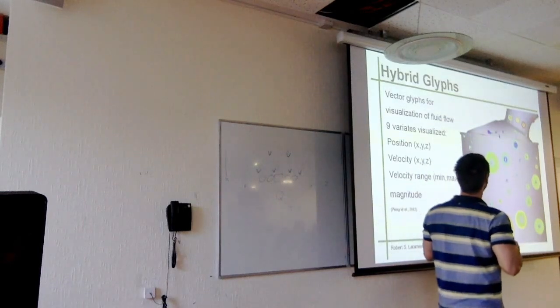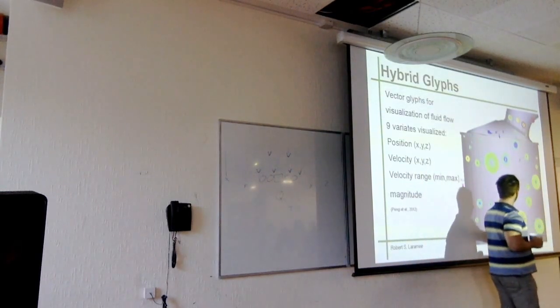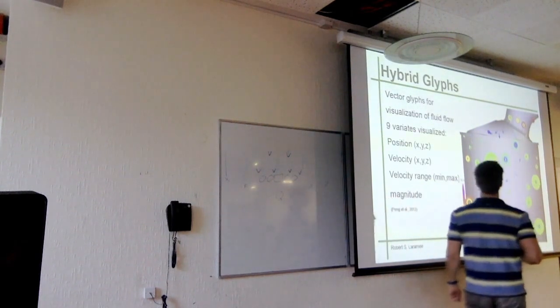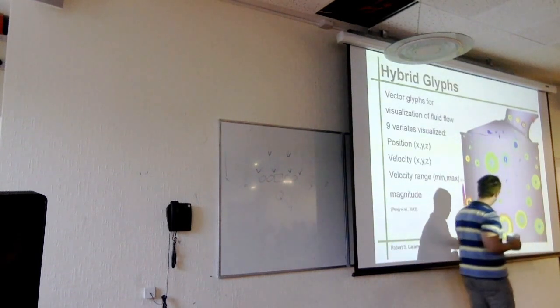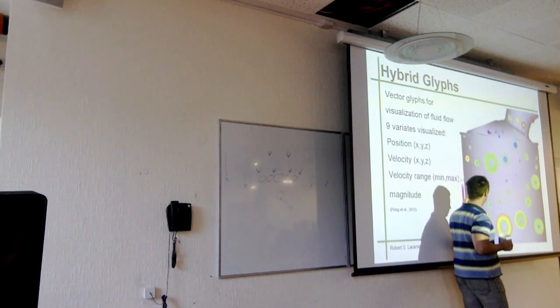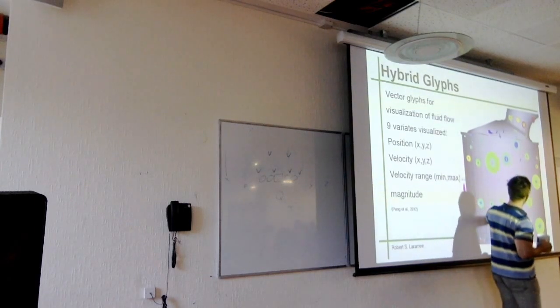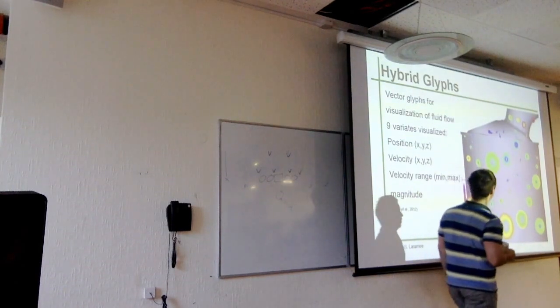And these are hybrid glyphs. They have the vector in the middle, and then they have the range on the outside. So we can see, for example, that the magnitude here doesn't vary at all in this region, but the magnitude of velocities in this region varies quite a lot.